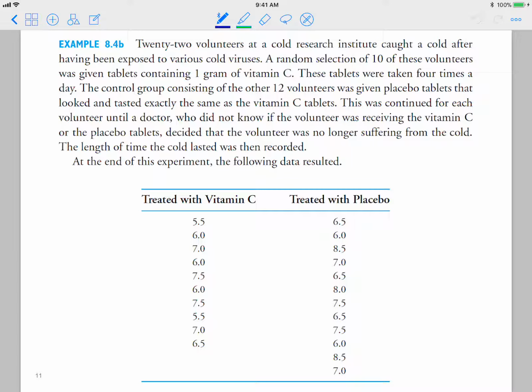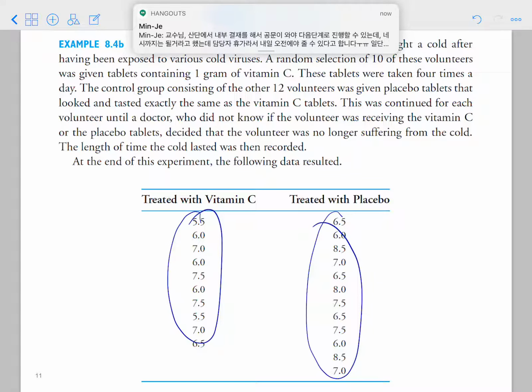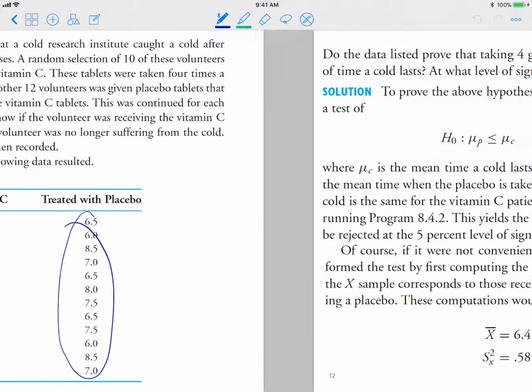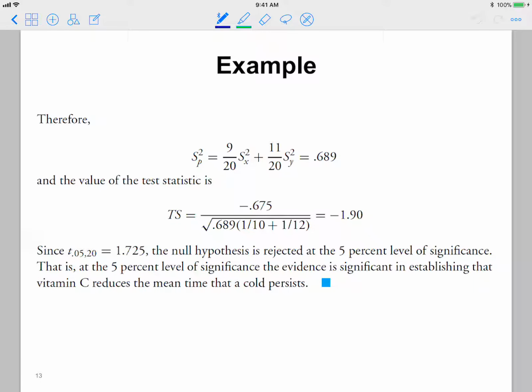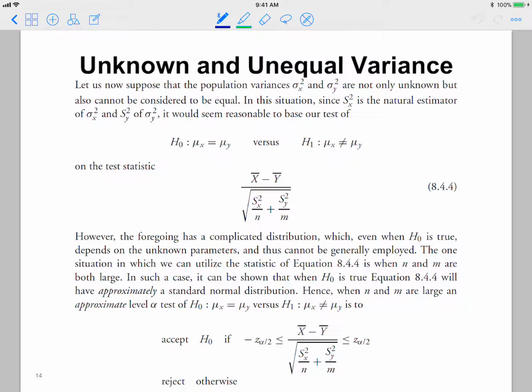Yep, and then we have these two samples, and the variances are unknown, but they are assumed to be common or equal. Yeah, you should be able to follow this example easily.